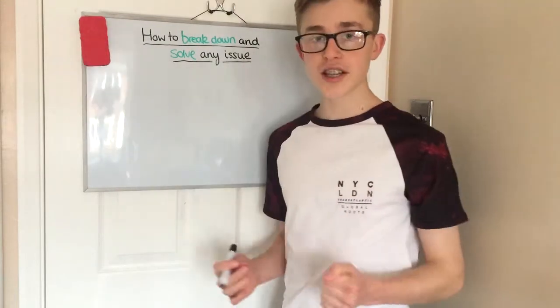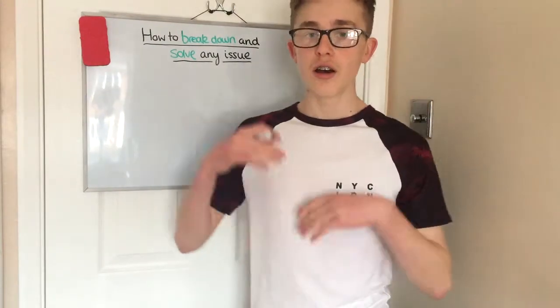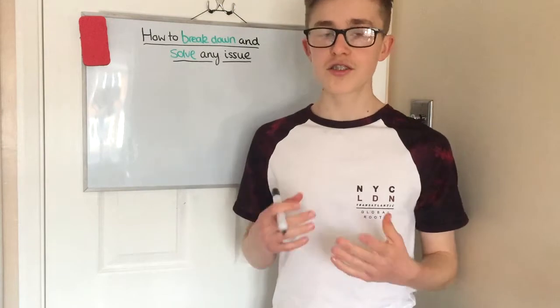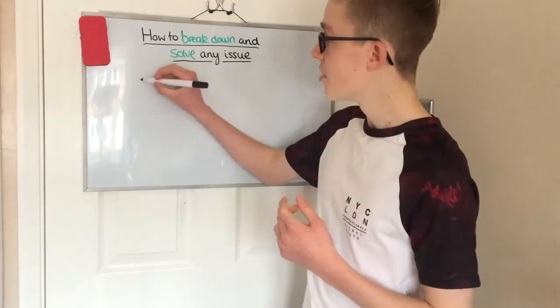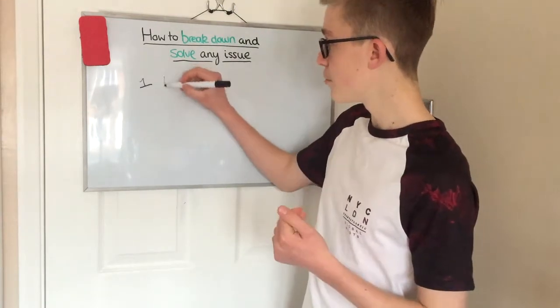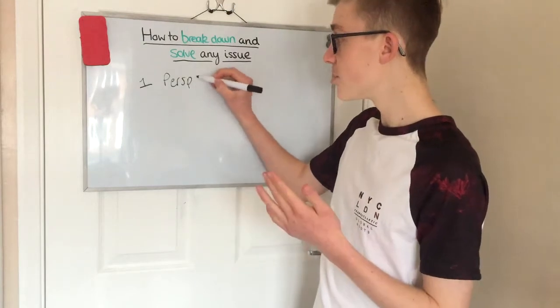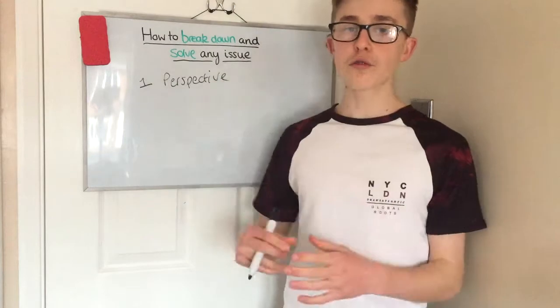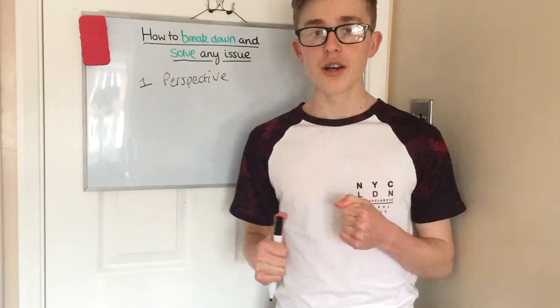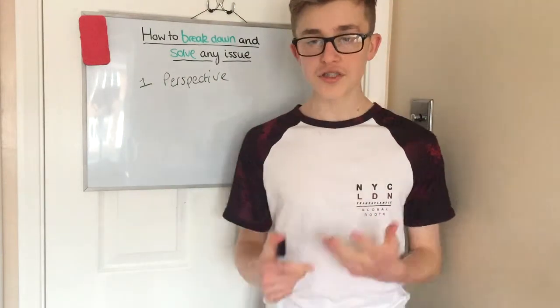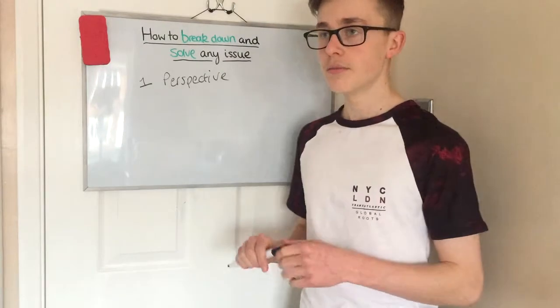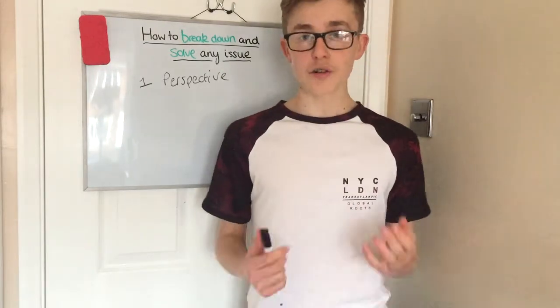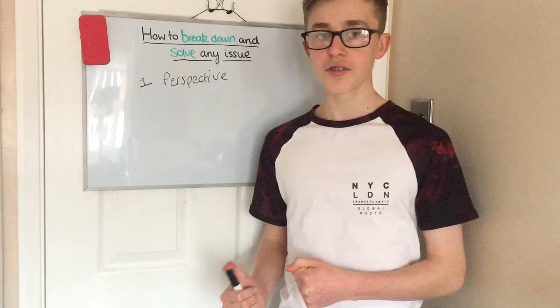Our next couple of steps are going to be how to overcome that feeling of stress when you have an issue. So 1 is perspective. What you want to do here is look at the issue from a bigger point of view. So for example, I want to start Amazon FBA and I'll have to sort out credit cards and detail issues.